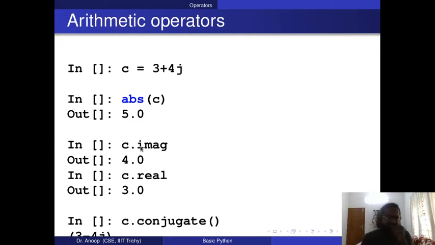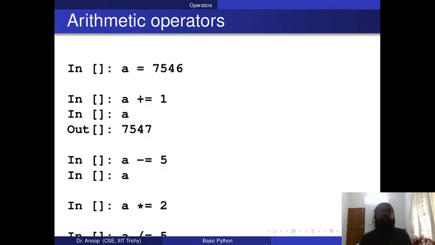Just understand that c is also an object, an object of type complex. c has an imaginary field, a real field, and a method conjugate.